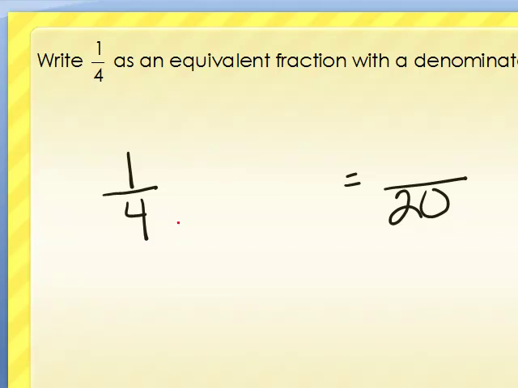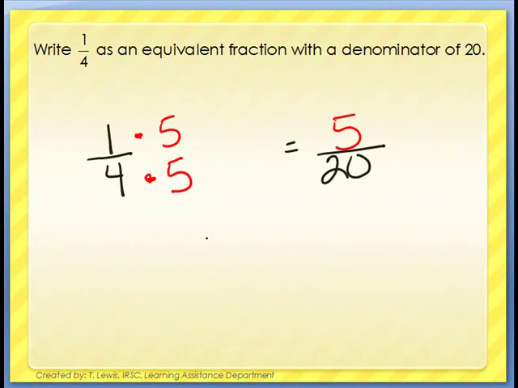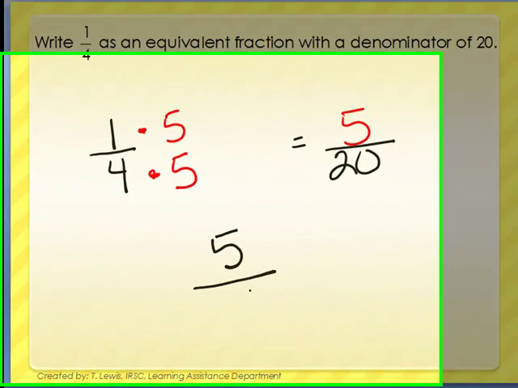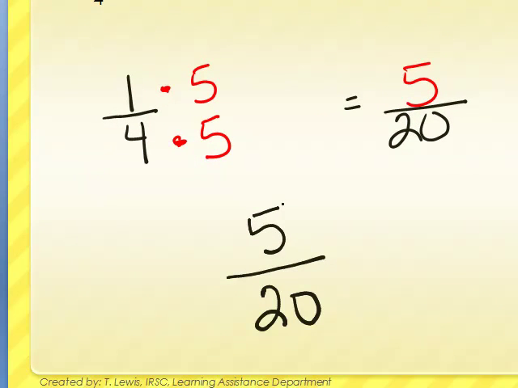So we're going to multiply this 1/4 by 5. 4 times what number would give us 20? And that is 5. So we're multiplying 5 to the denominator and 5 to the numerator. And we have 5 times 1, which gives us 5. And our equivalent fraction is 5/20.